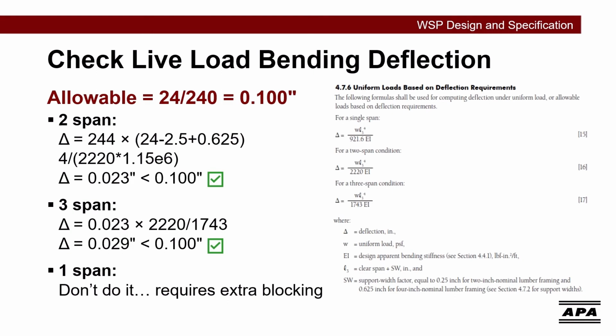We then enter our uniform load, L value, and the panel design bending stiffness that we found in Table 9 into the equations for 2 and 3 span conditions. We find a maximum deflection of 0.029 inches, which is less than the 0.1 inch limit, so our panel passes for deflection.